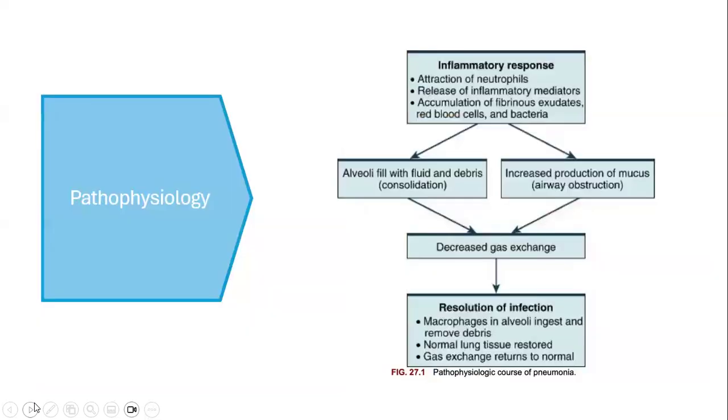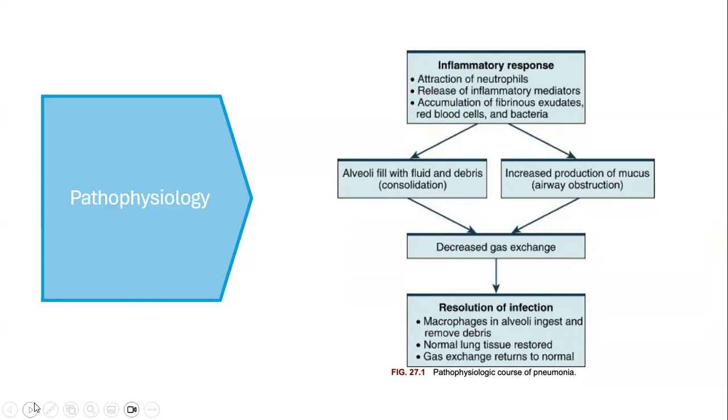Okay, next. Here is the pathophysiology of pneumonia. I believe that you already watched the video before about the pathophysiology in detail, but I want to remind you that every pneumonia starts with an inflammatory response, which is the attraction of neutrophils, release of inflammatory mediators, and also the accumulation of exudates.